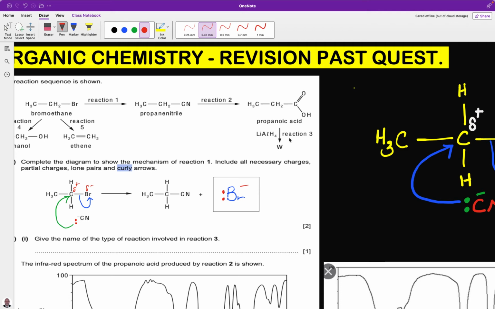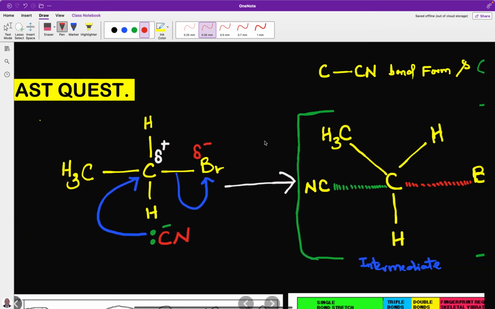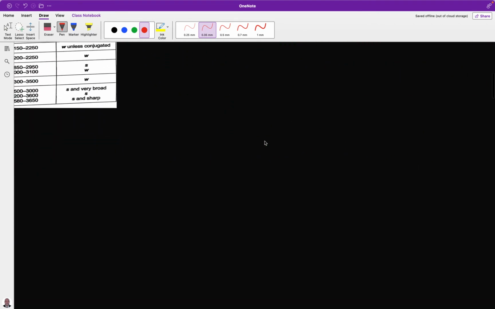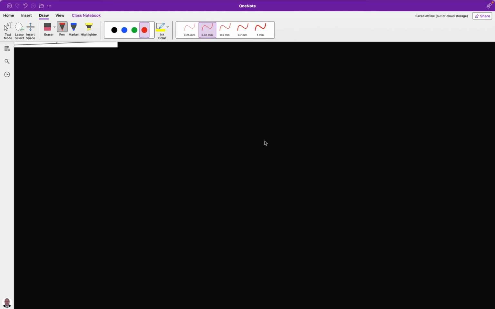So in this case, you will see that a reduction reaction is the reverse of an oxidation reaction. For instance, for the purpose of revision, we will have primary alcohols.